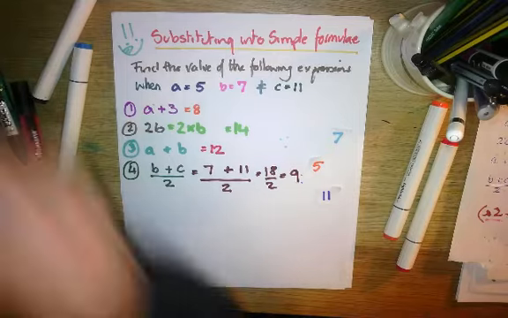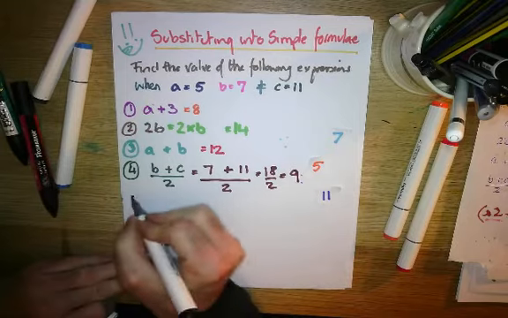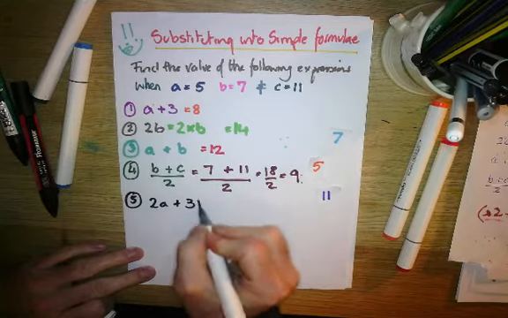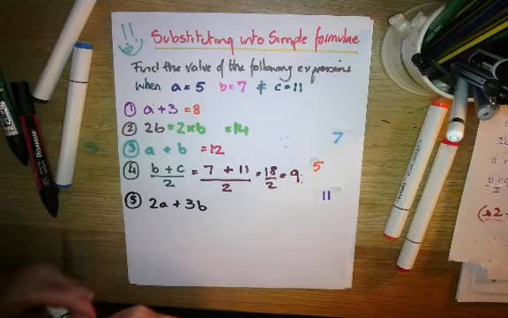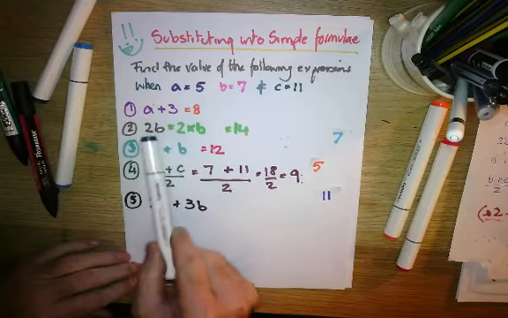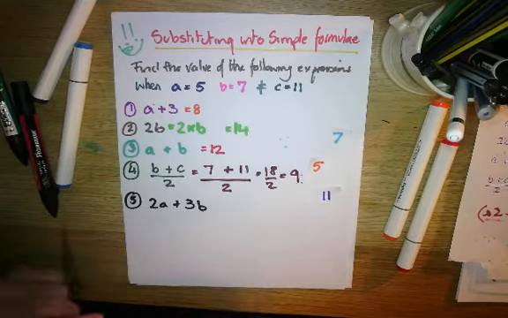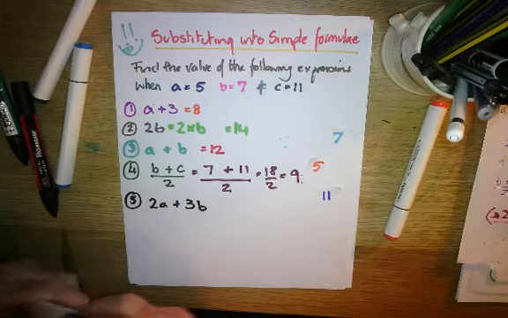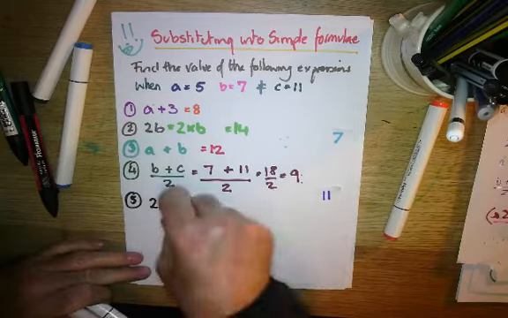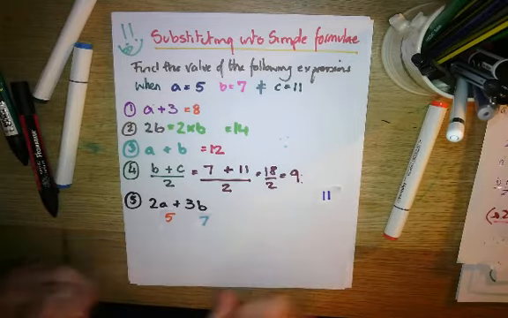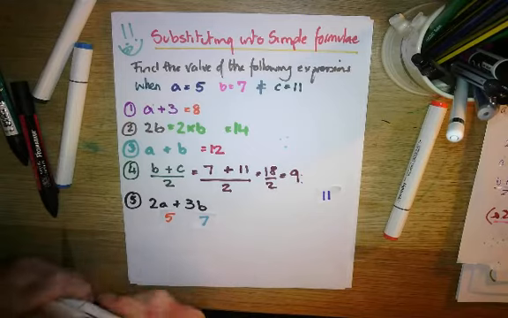Okay, let's step it up a bit and see what we can do with this one here. What about 2a plus 3b? Well, we've seen what 2b means. It means 2 times b. So I'm now going to do 2 times my a value plus 3 times my b value.